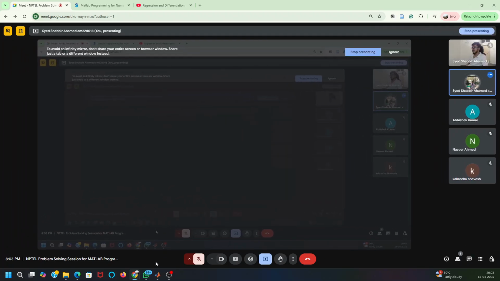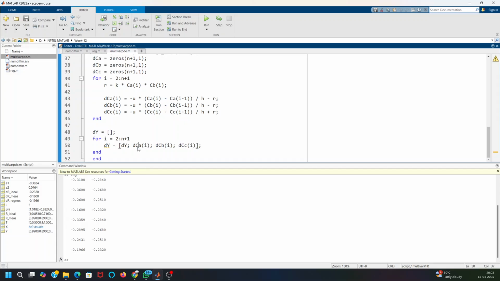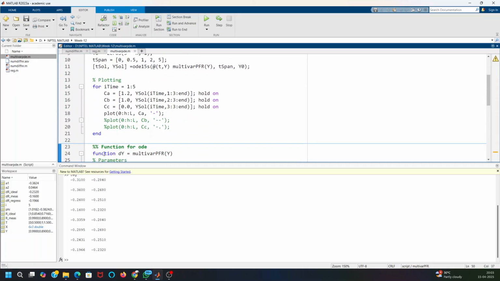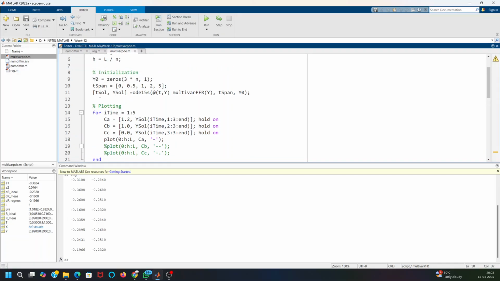So we will get 3n ordinary differential equations, and we have to solve all these as an initial value problem. That's what we are doing here. We are using ode15s.